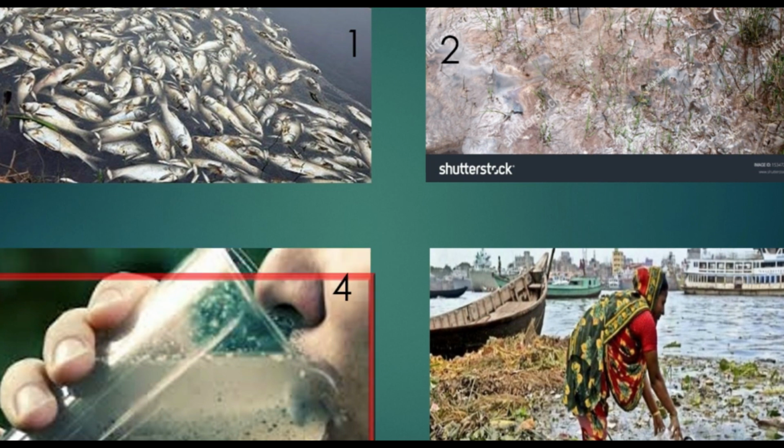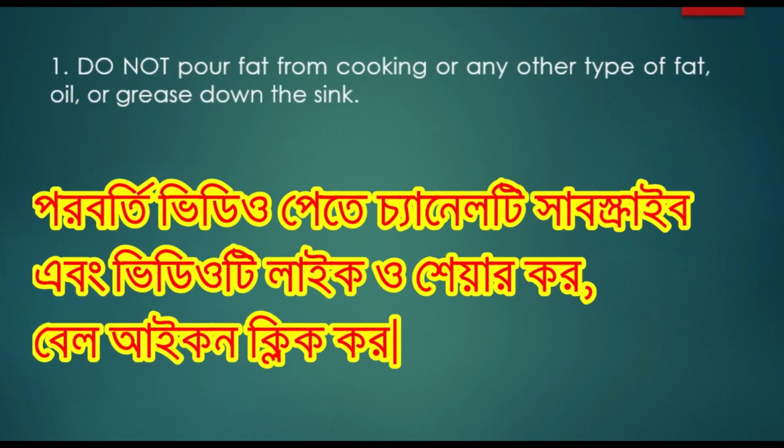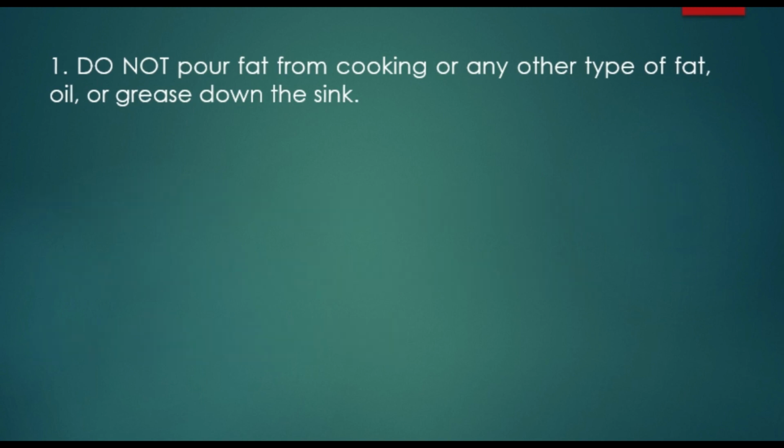Okay, what are the ways to prevent water pollution? What can we do to stop water pollution? Okay, let us see some points. Do not pour fat from cooking or any other type of fat, oil or grease down the sink. We should not pour or throw away any kind of fat from the basin or sink we use at home.